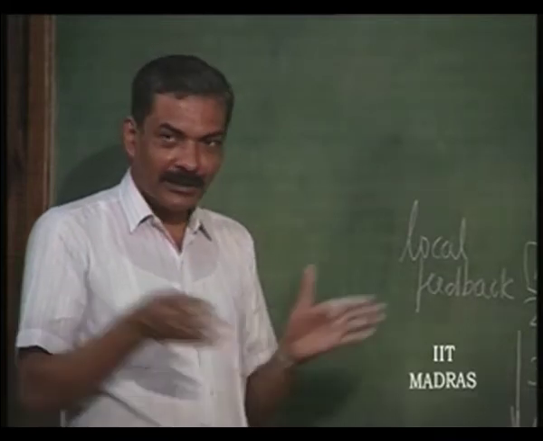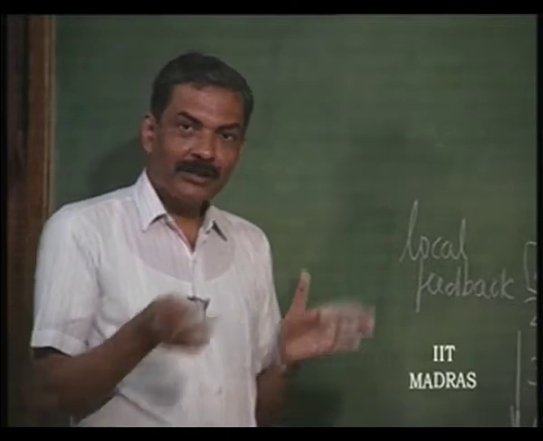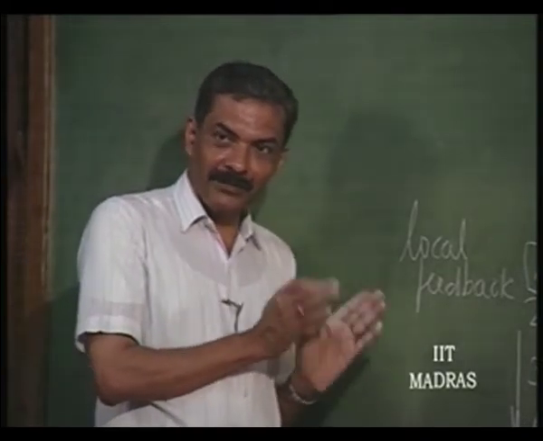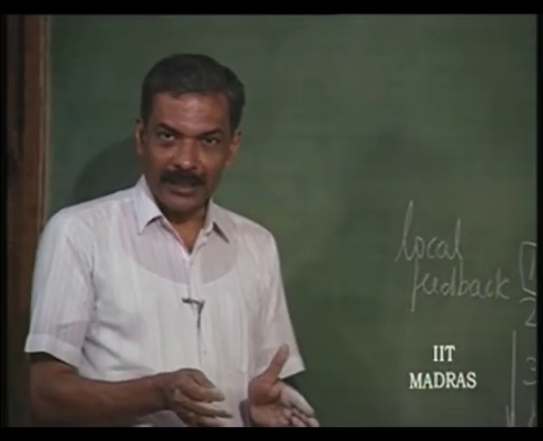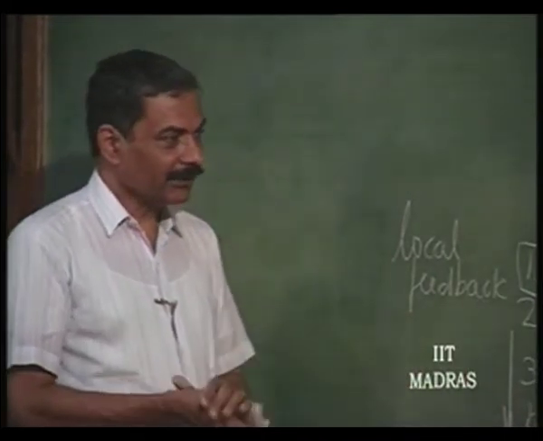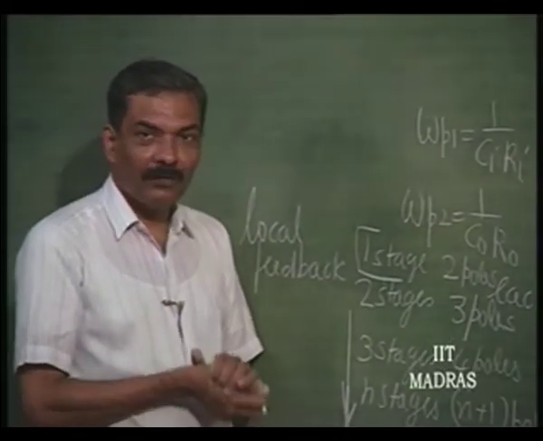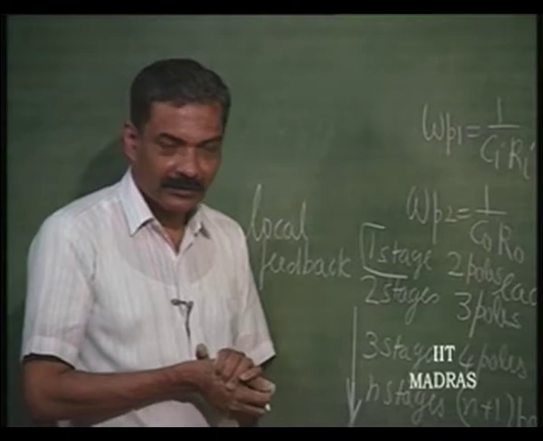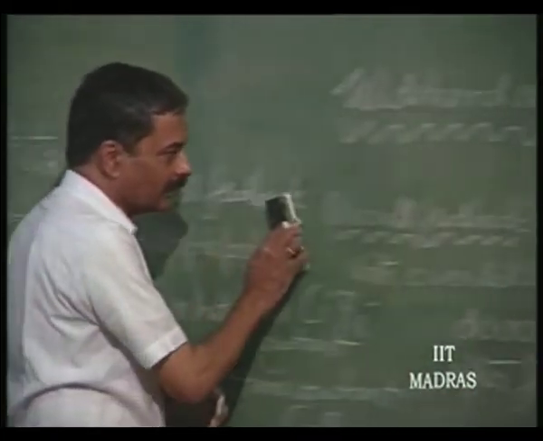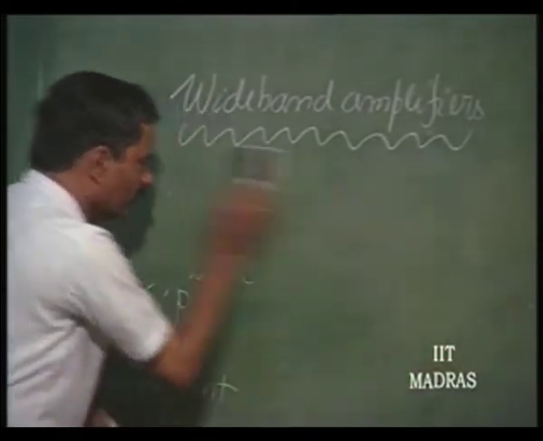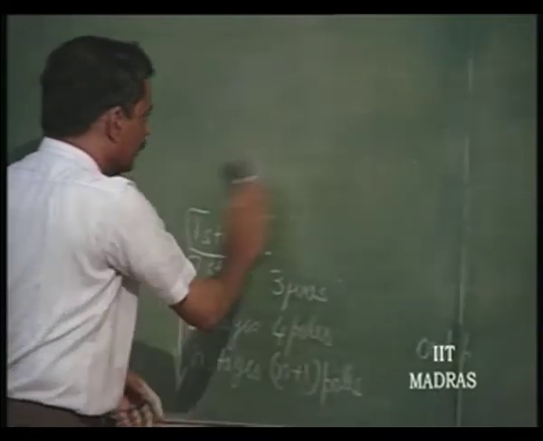So, if you want a certain bandwidth for the cascaded structure, you have to allocate wider bandwidth for individual stages than what you ultimately want. This kind of design is invariably needed in the design of wideband amplifiers. Let us now consider single stage structures and how to improve the bandwidth of single stage amplifiers.